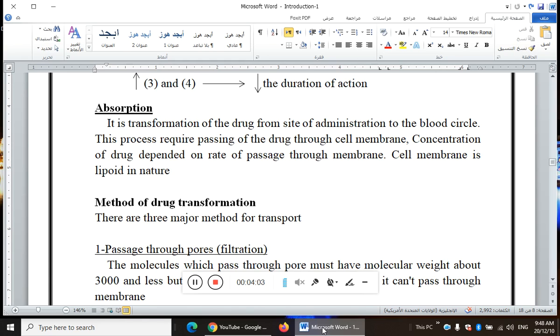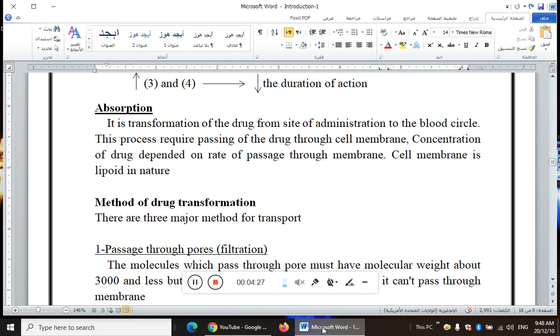So the concentration of the drug depends on the rate of passage through membrane. When a big amount of the drug passes through membrane to the blood circulation, that means the concentration of the drug in the blood will increase.